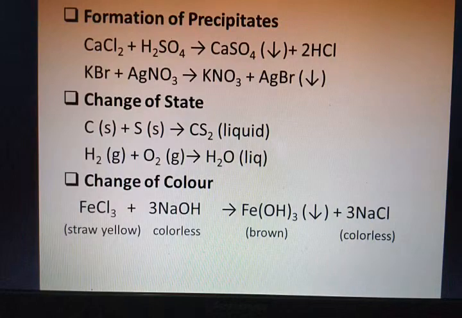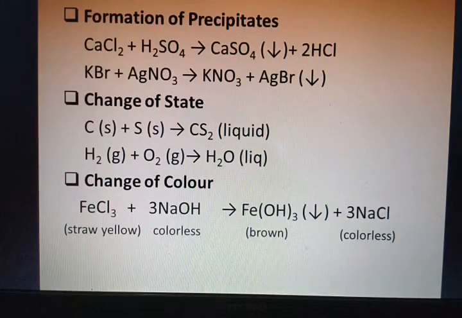So change of state takes place. Another very simple, well-known example is hydrogen plus oxygen giving water. Hydrogen is a gas, oxygen is a gas, and water is a liquid.